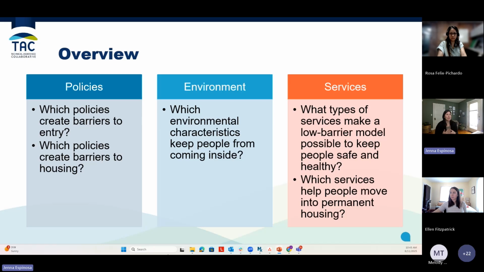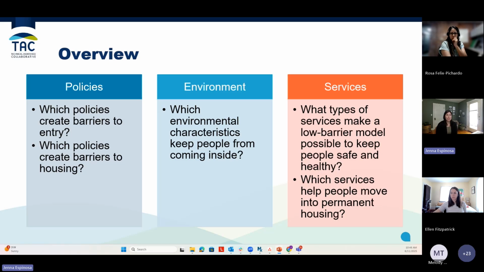So policies meaning which policies either create barriers or reduce barriers to entry, and then also thinking about barriers to housing as well can be helpful in a low barrier shelter. Environment meaning the physical characteristics, the kind of culture of the organization, how people feel when they're in the shelter, those types of environmental characteristics that keep people from coming inside or really support people in feeling safe to be there.